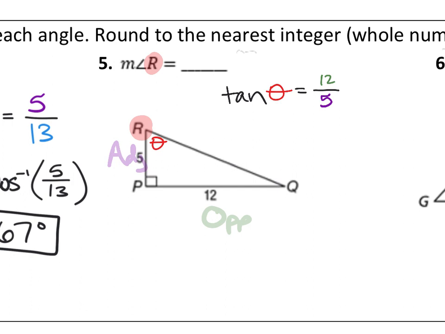To get tangent to go away so that it says theta equals, what am I doing on both sides? Inverse tangent. Very good. So my equation should say theta equal to tangent inverse, and then you stick that fraction in there, 12 divided by 5. Turn to your calculator and you evaluate this function for me. What did you get when you typed that in the calculator? 67. 67 degrees.